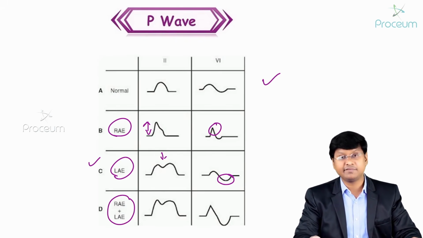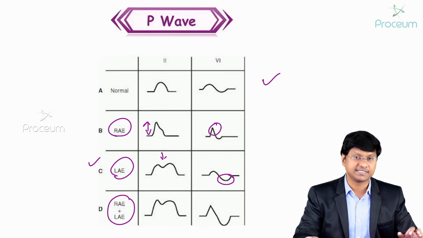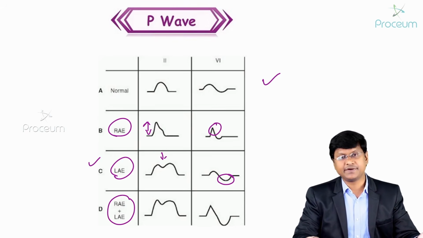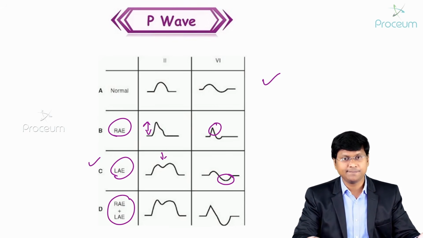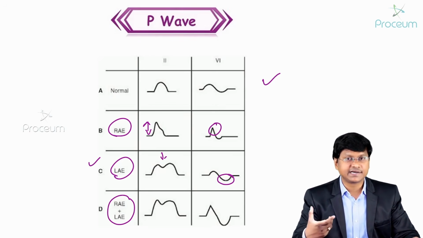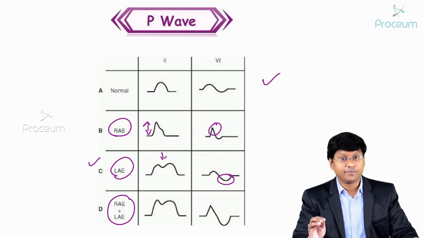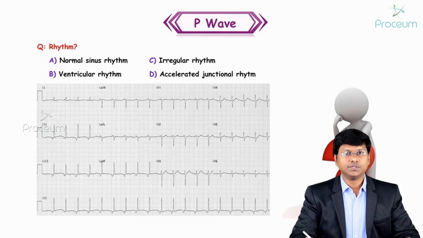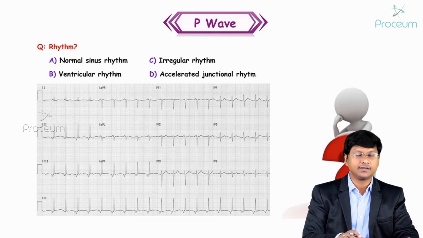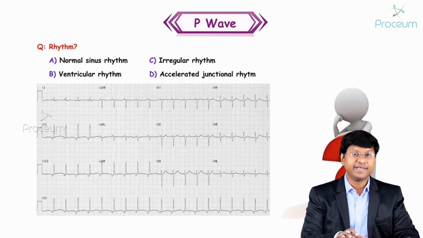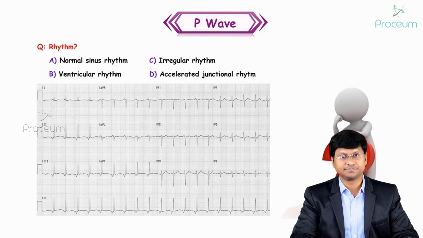Now, after having discussed the right atrial and left atrial abnormalities and subsequent P wave abnormalities on the ECG, let me discuss how you assess the rhythm based on the P wave morphology and based on where the P wave is appearing. So if you see the next question, how to interpret the rhythm based on the P wave morphology.